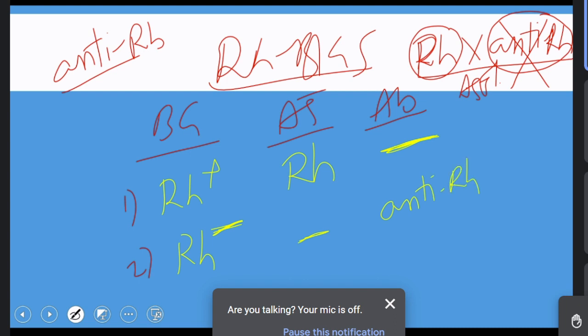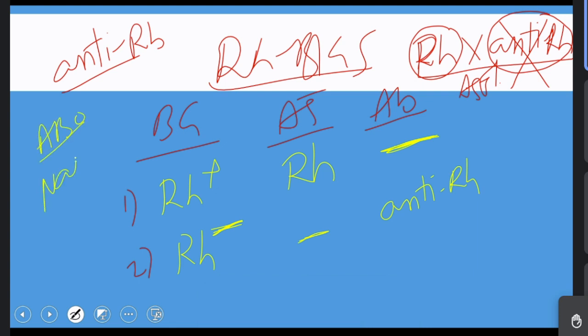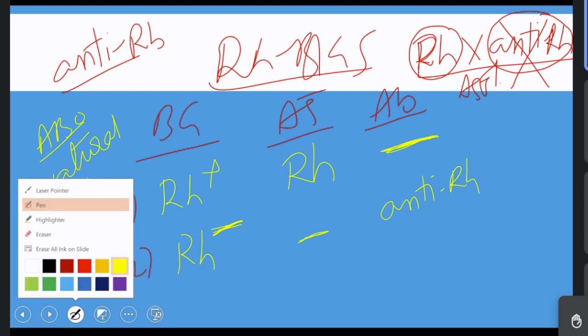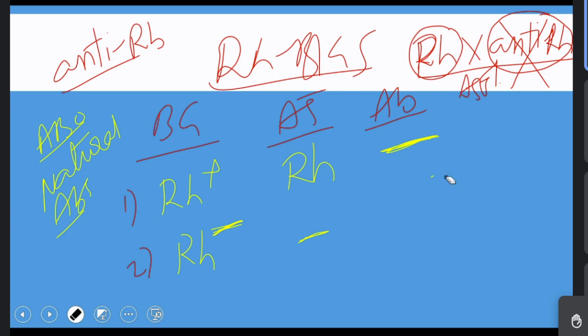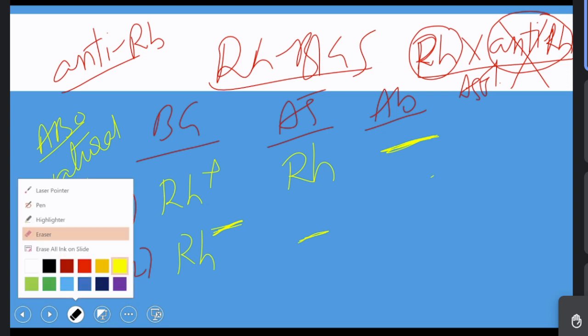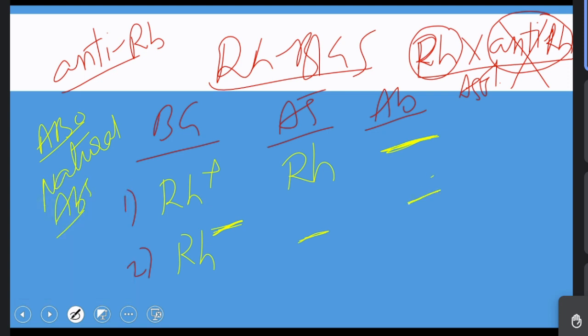But I have told you before, with respect to the ABO blood group system, there are natural antibodies. What do you mean by natural antibodies? Those antibodies that are present by birth. And here, natural antibodies are absent with respect to the RH blood group system.